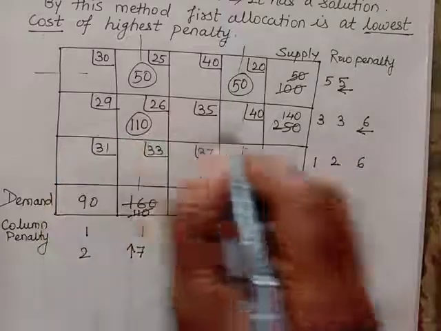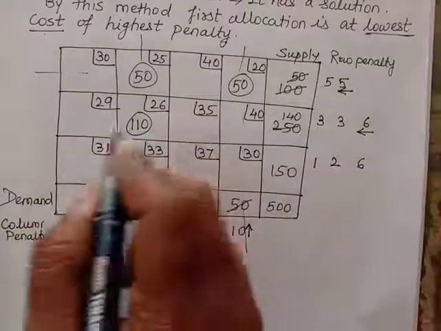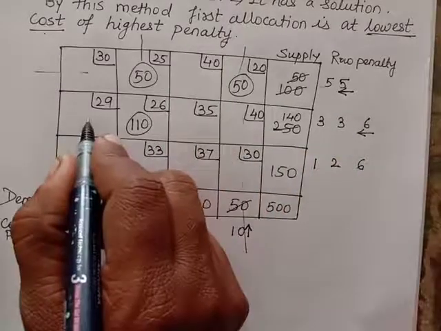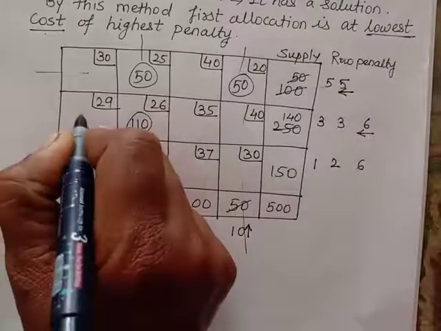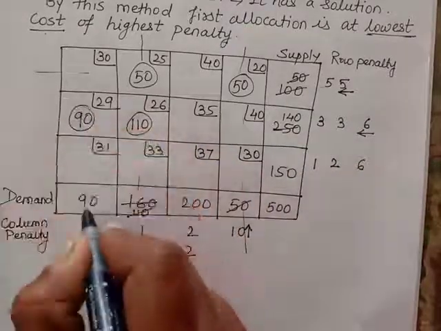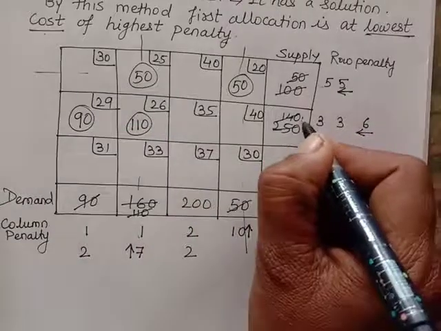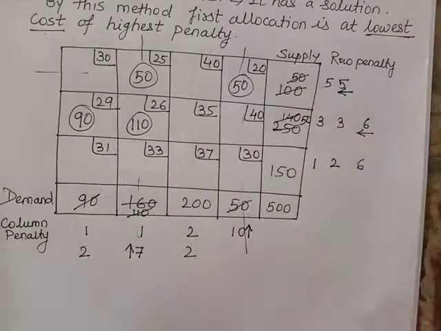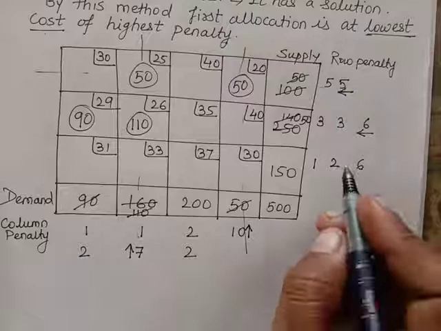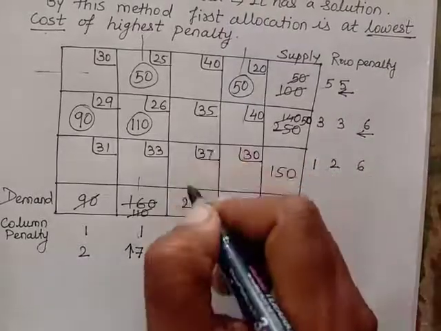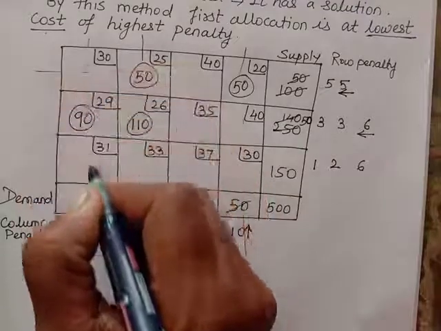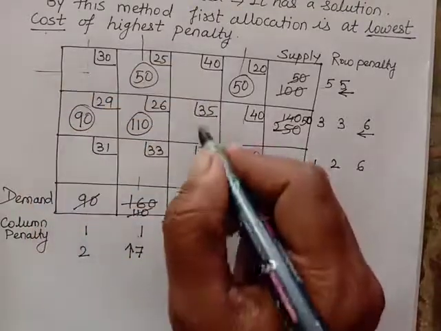Now in this row, which is the minimum cost? Minimum in these two cells is 29. So out of 90 and 140, I will take 90 as my allocation. So this is satisfied. How much is left? 50 is left here. Now only these 2 cells are left, and this column is also satisfied.